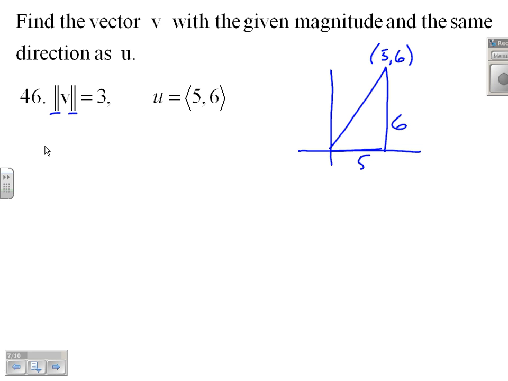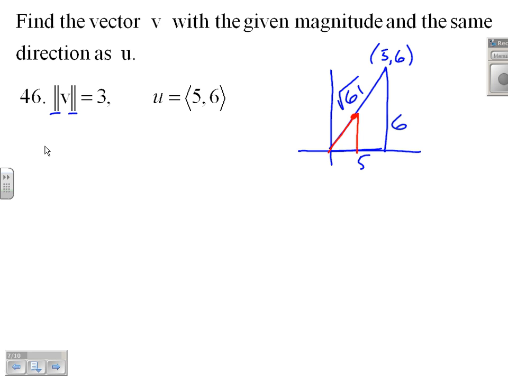And I note that real quickly, Pythagorean, 6 squared 36 and 5 squared 25, 61. This is square root of 61. But I want to be in the same direction as 5, 6 or vector u, but I want to stop before I get there. I want to stop somewhere maybe around in here where I'm just over 3.